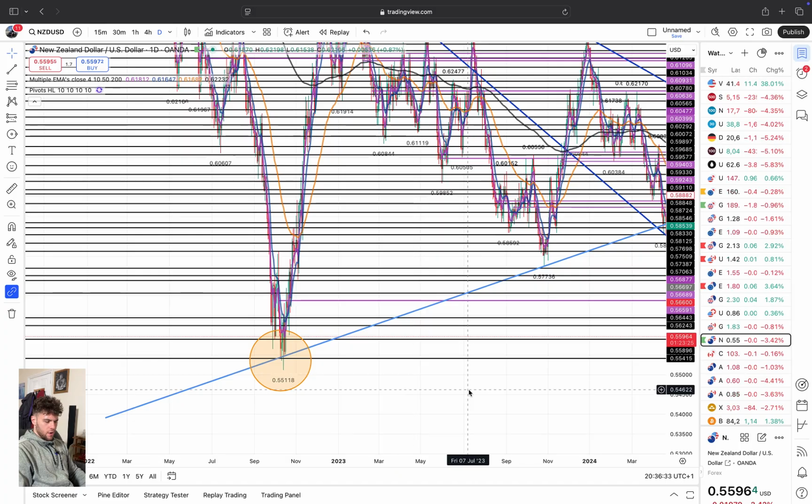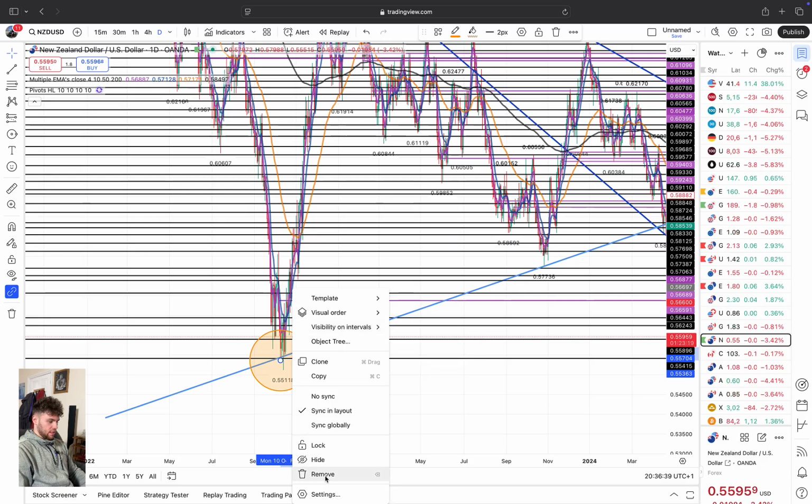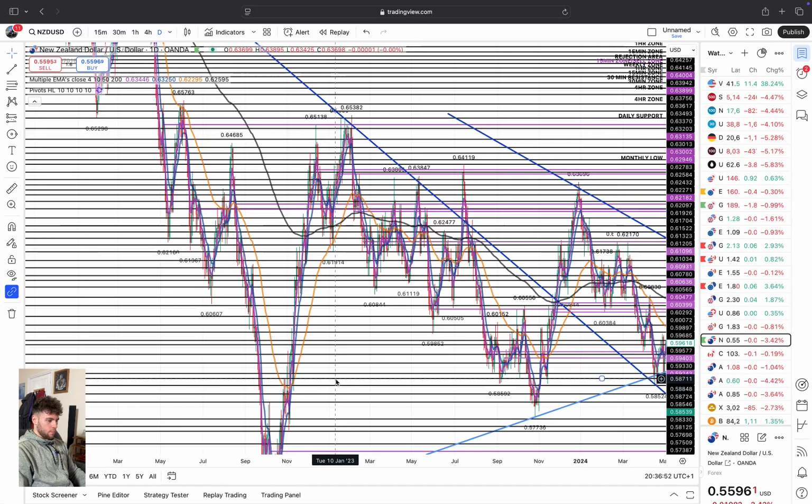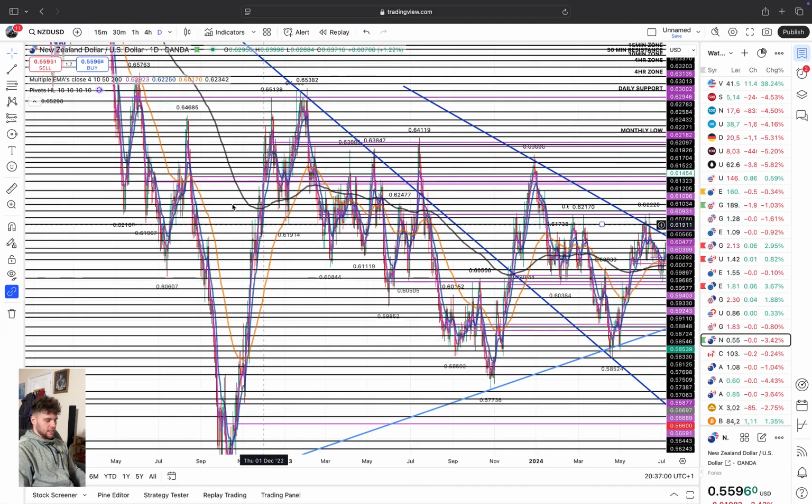The 0.55415 area was a big area of interest for me. The last time we came here, we had a huge reaction that created bullish momentum, which continued very sharply upwards till around this area over here, where we started accumulating and going through a market cycle.